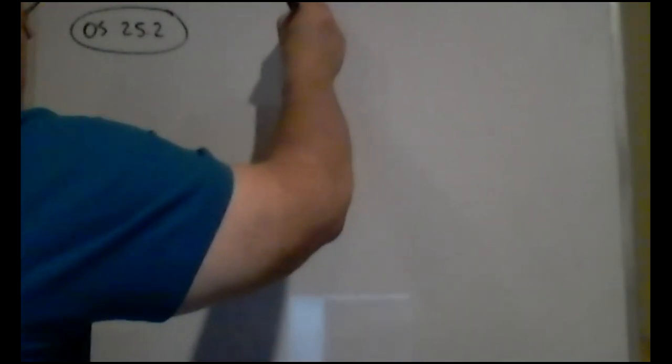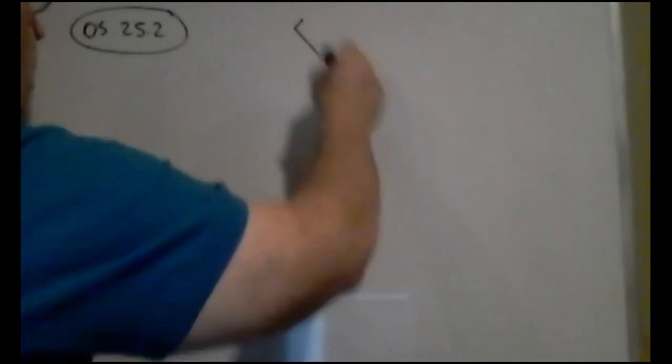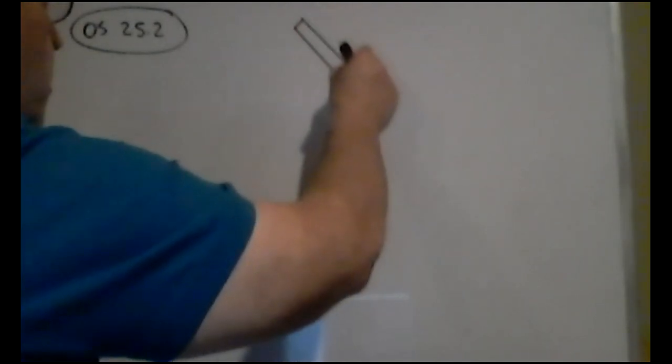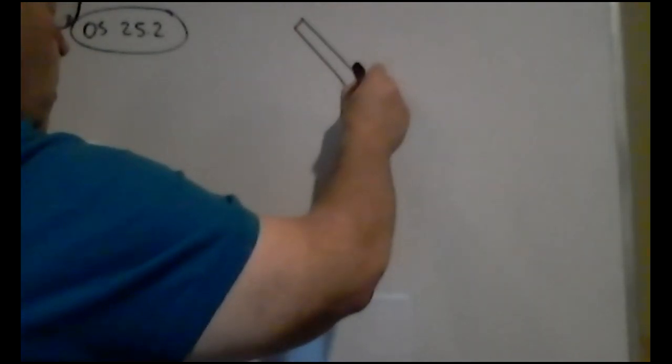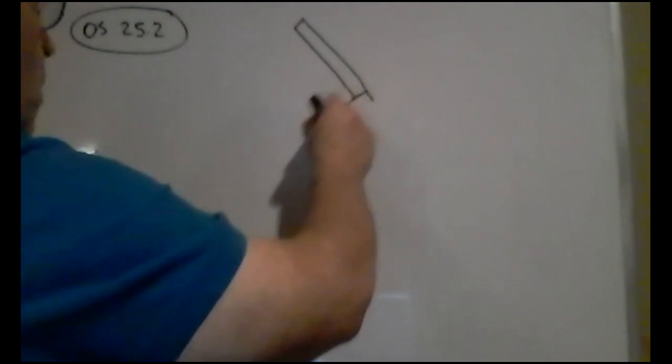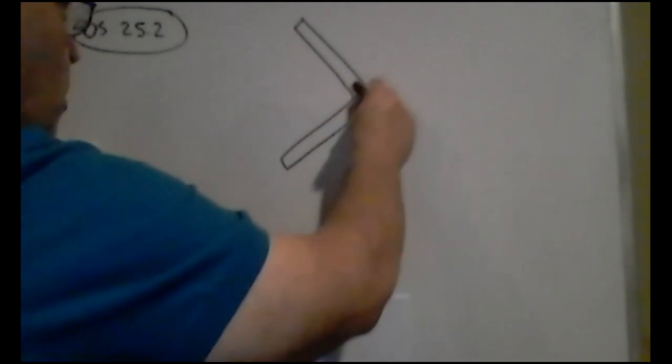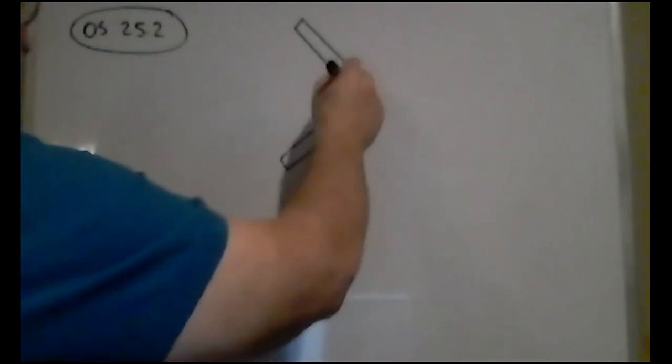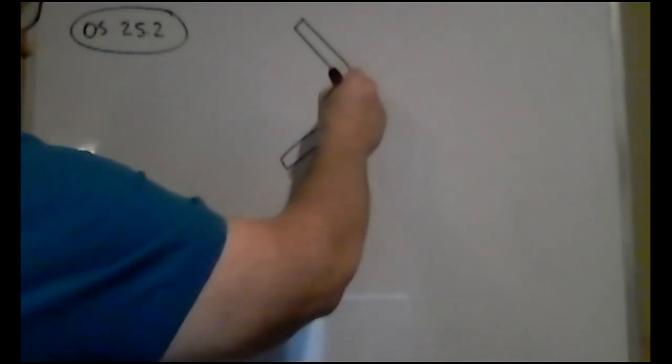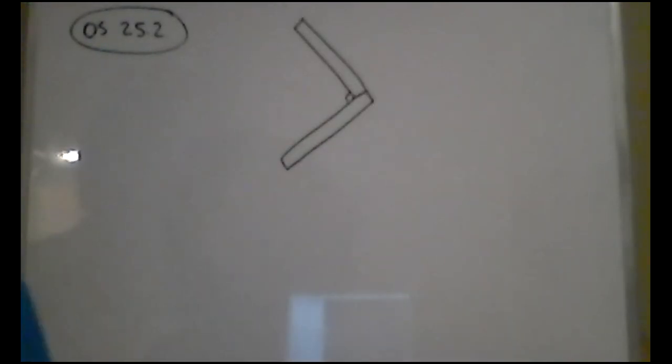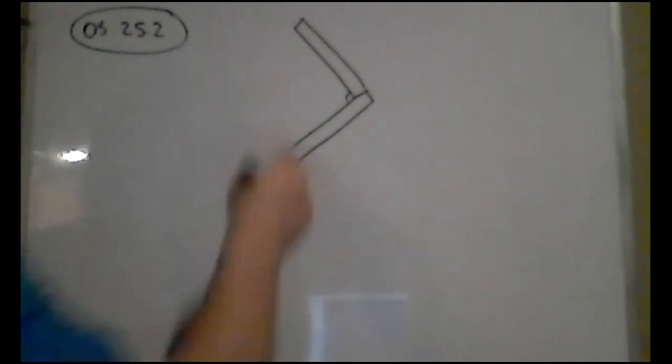All right. So I have a corner reflector. I have two mirrors that meet each other in a corner. This is a 90-degree angle right here. These are mirrors. Now, I'm considering a ray that's coming in.